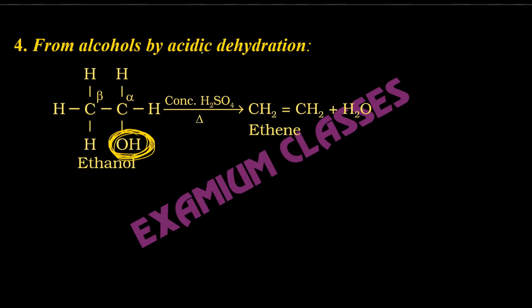So from alcohols, obviously we have alcohol here, OH is there. So this OH will decide which carbon is alpha. This will be alpha. It is attached to this carbon. In the presence of concentrated H2SO4, dehydration takes place. We will be using it very frequently.